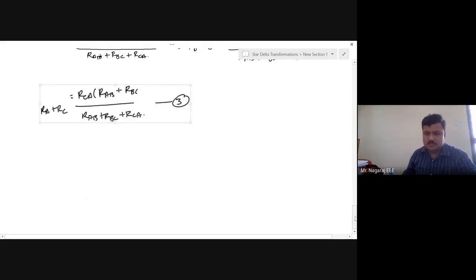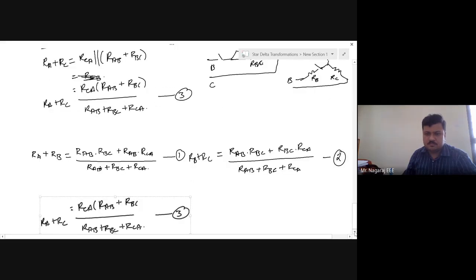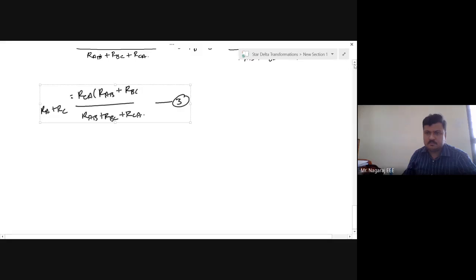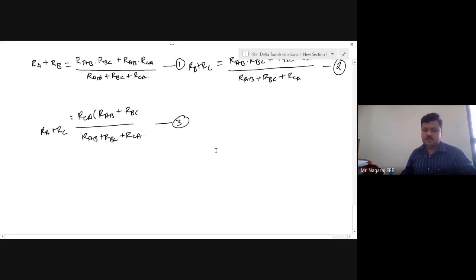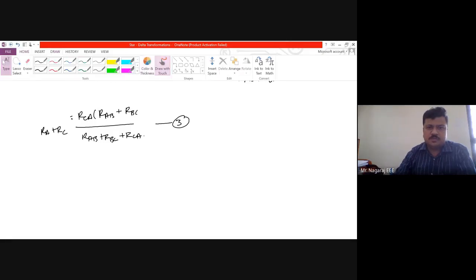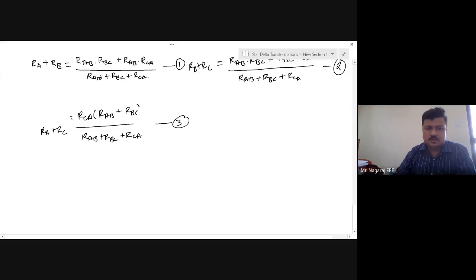Sorry for the delay. These are the three equations I have. Now I should do some algebraic simplification so that I get a form of equation that will be reused in my next analysis.